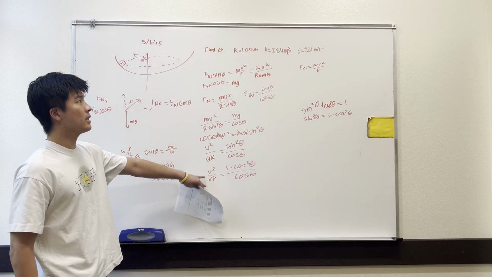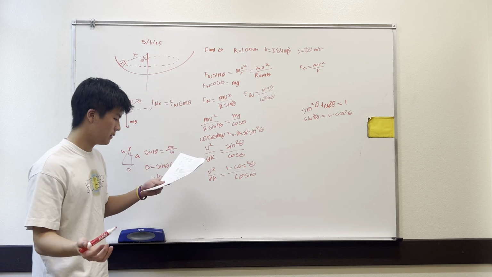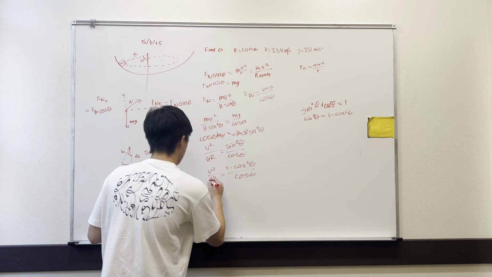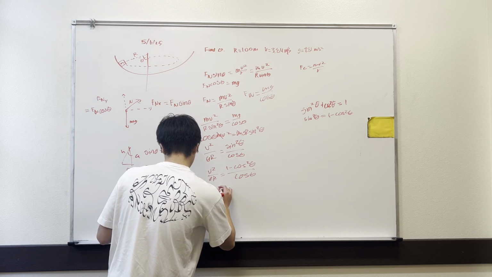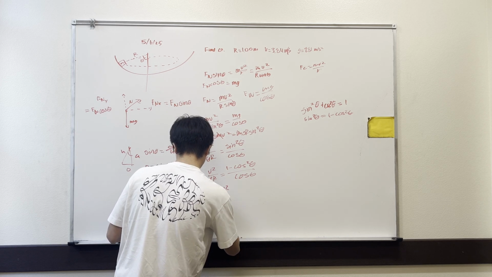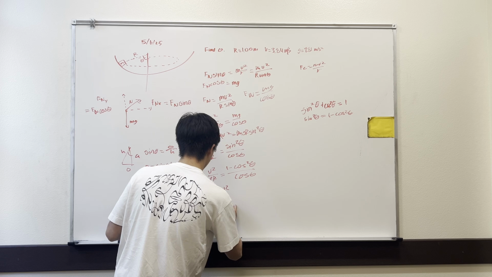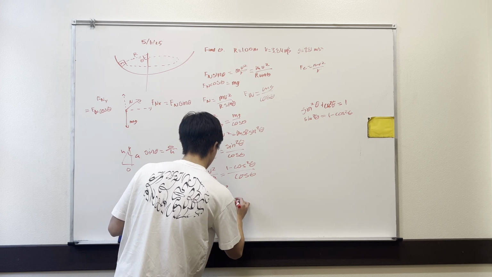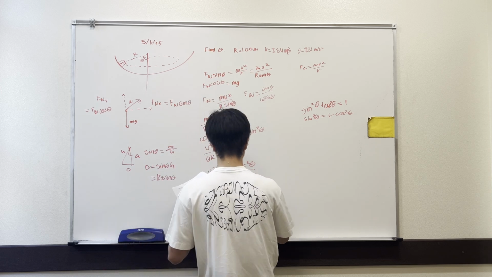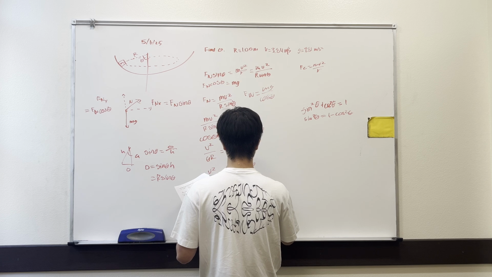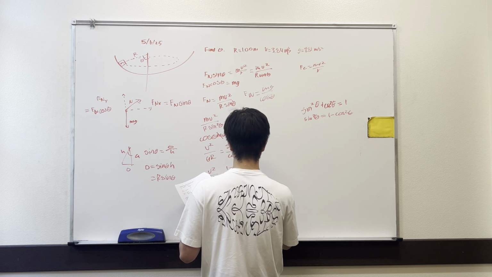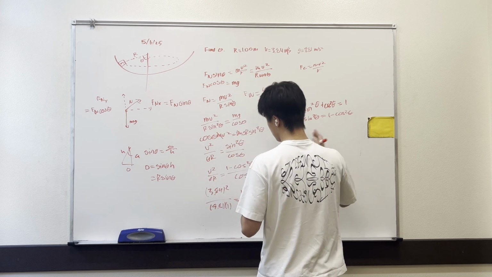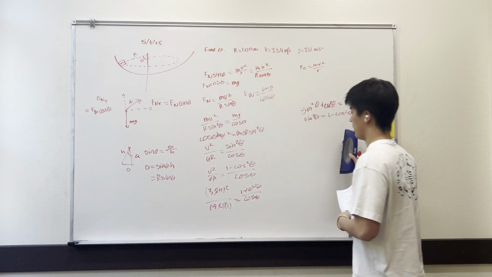So now we have that. And since on this side they're all given values, let's solve that out: 3.84 squared over 9.81 times the radius, which is 1, equals our expression. And I might just erase that, so keep in mind this trig identity.